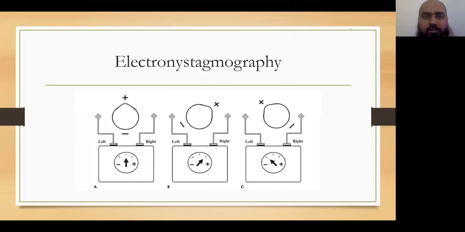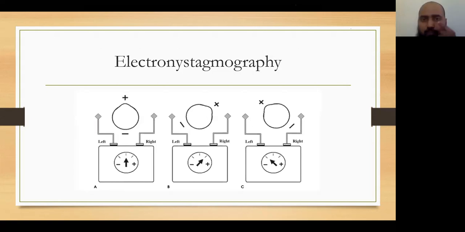In case I'm looking like this, which means I'm looking at a direction close to the electrode here, this positive charge is closer to this electrode. The back of my eye has negative charge, which is close to this electrode. So this electrode has more positive charge, so it is going to have a peak. It will have a peak.